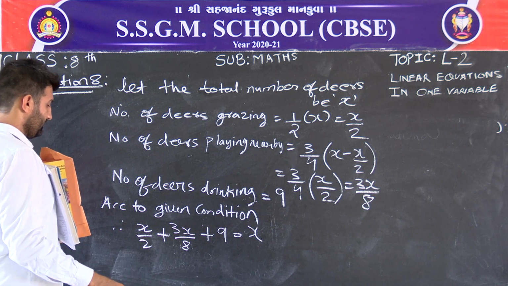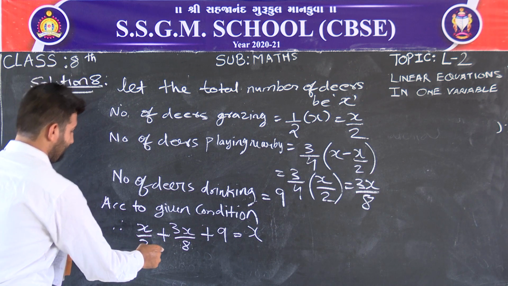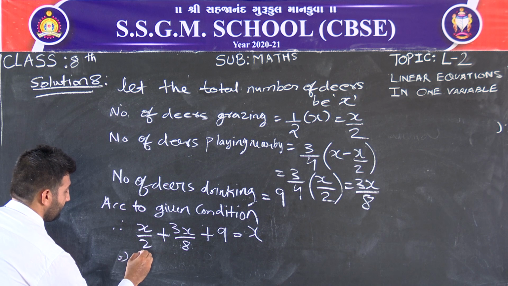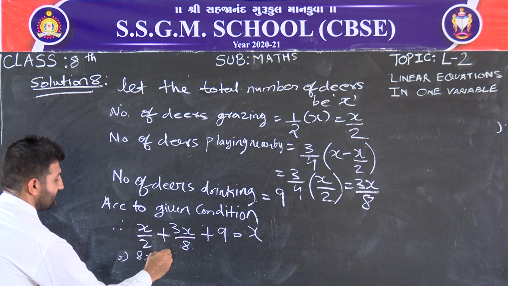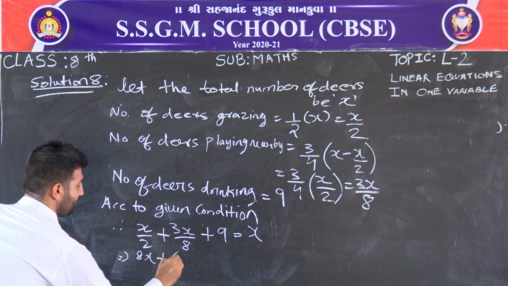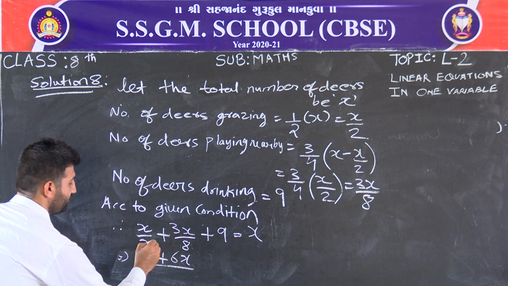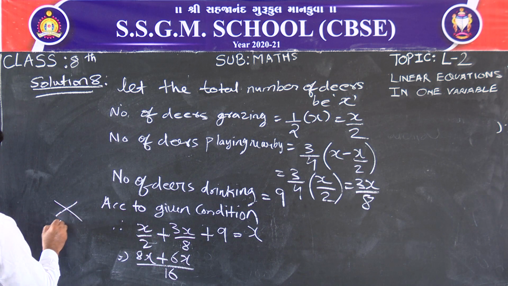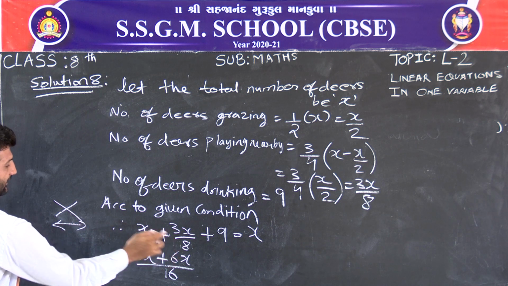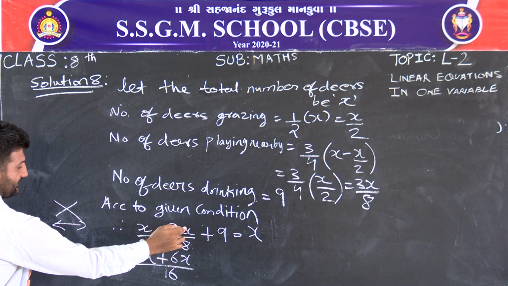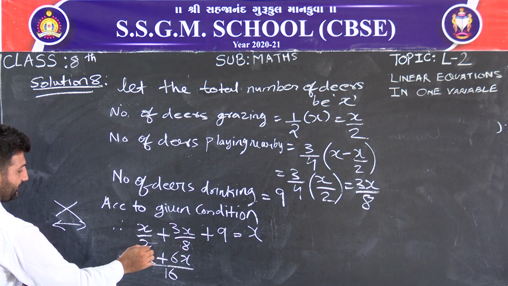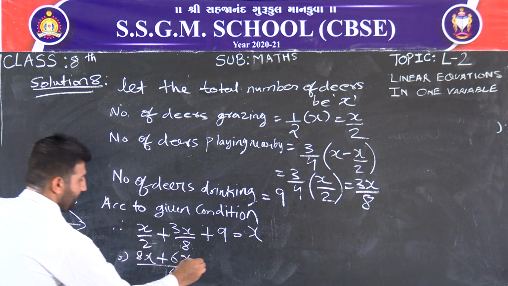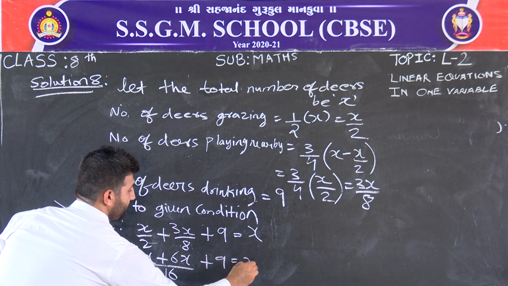Okay, so here we can take the LCM. 8 into x will be 8x plus 3 times 2 is 6x upon 8 times 2 is 16. So we can use the crisscross method: multiply this and this, this and this, and divide by the multiplication of the denominators. Plus 9 will become x.